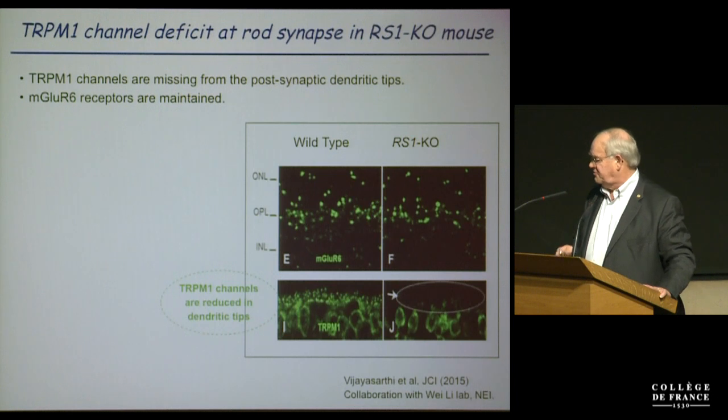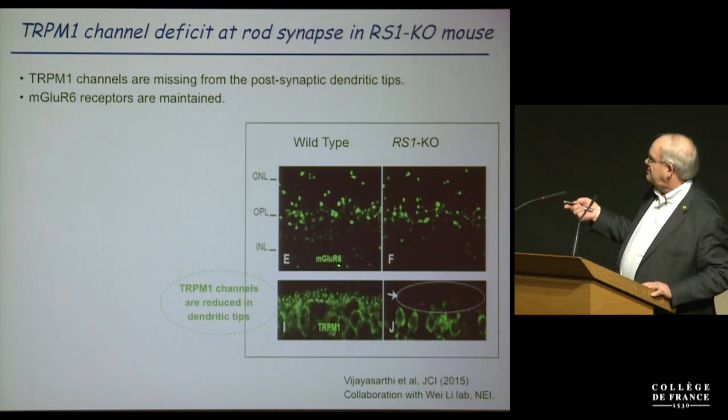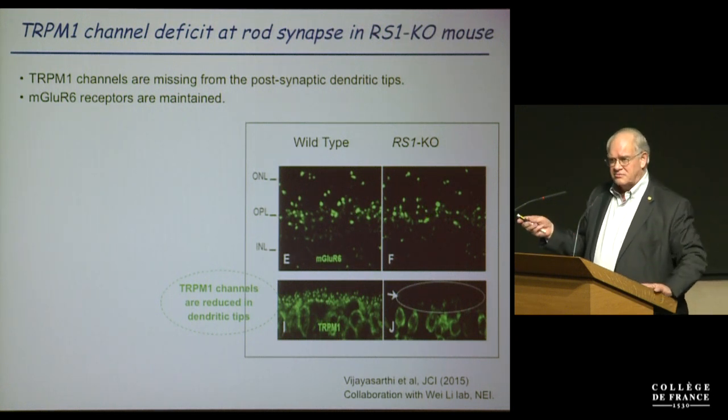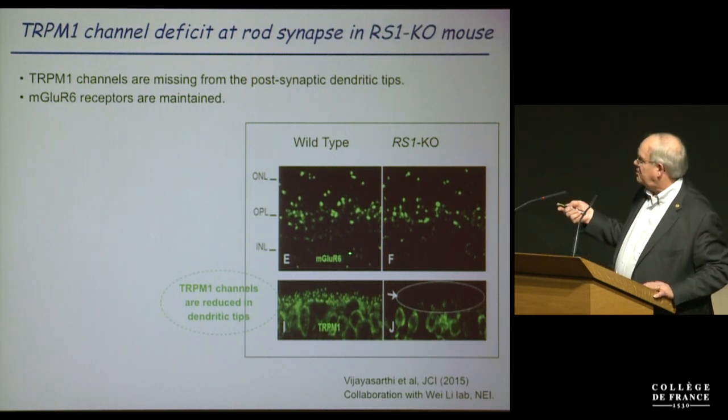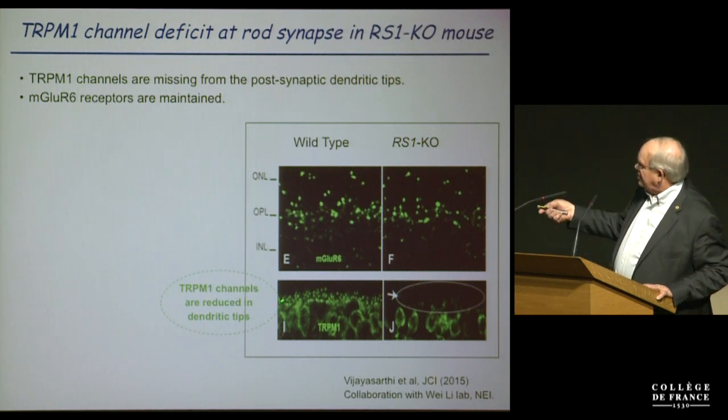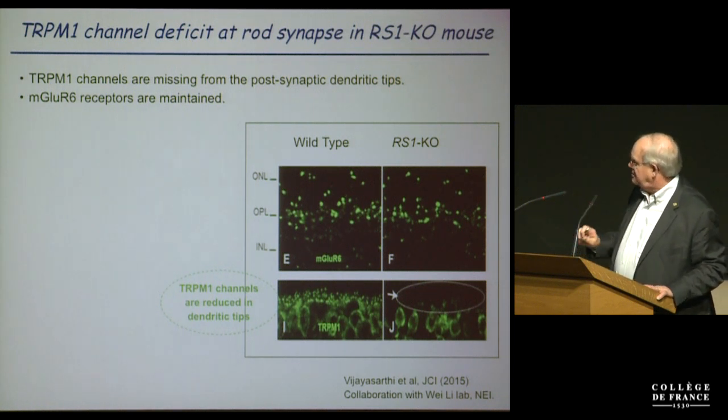And when we look at those elements, here is the glutamate receptor and the TRP channel. The dendritic tips are present in the wild type. They are also present in the knockout, and they are in about equal number. We are concluding that the problem is not involving the glutamate receptor itself, but instead the TRP channels are quite deficient.